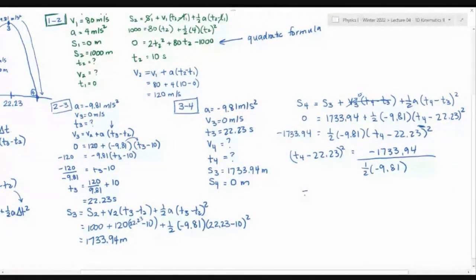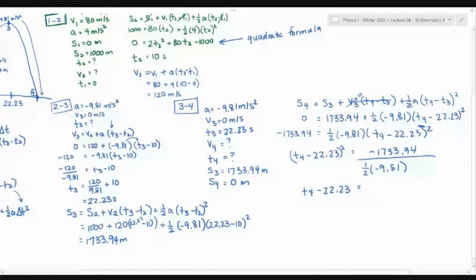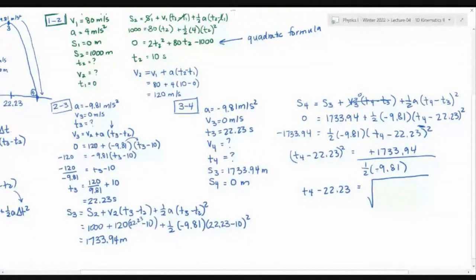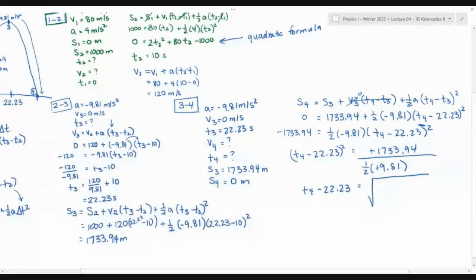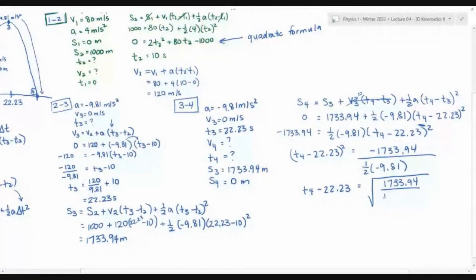So we have T4 minus 22.23 equals the square root. We can do plus or minus square root, but again, we don't want to have a negative time, so we don't really need to worry about the minus part. And the negative here and the negative here would cancel out. Okay? So it's fine that you're going to end up having a positive value in your square root sign. 1733.94 over 1/2 times 9.81.